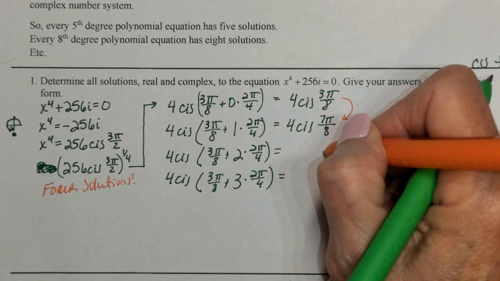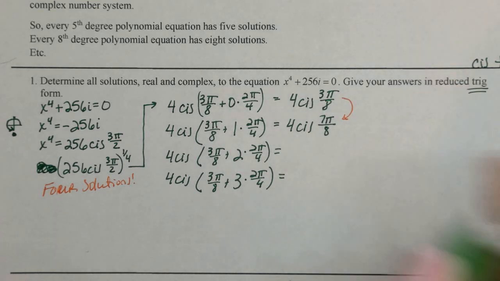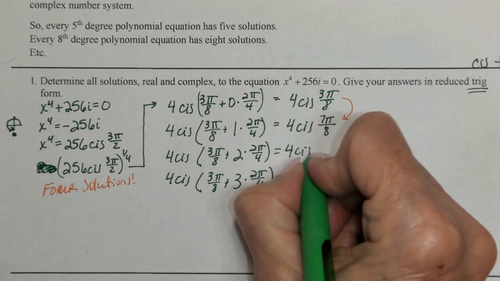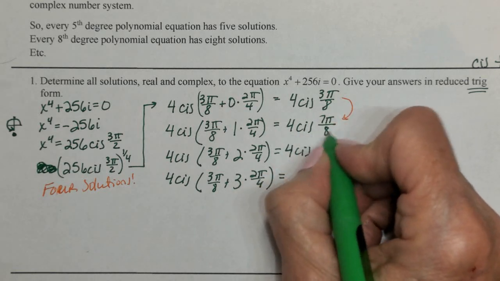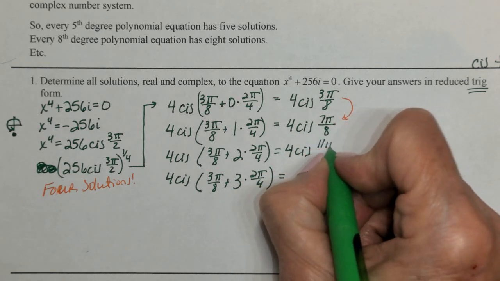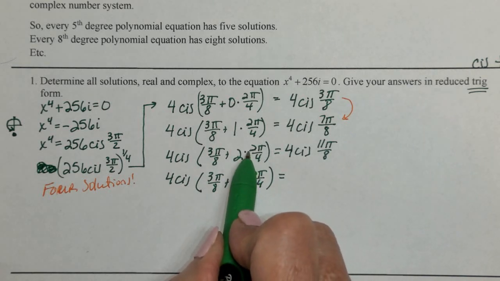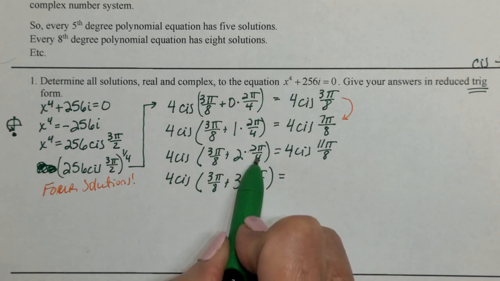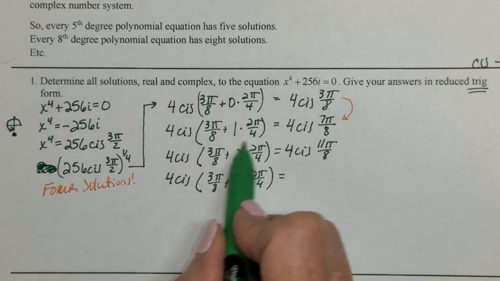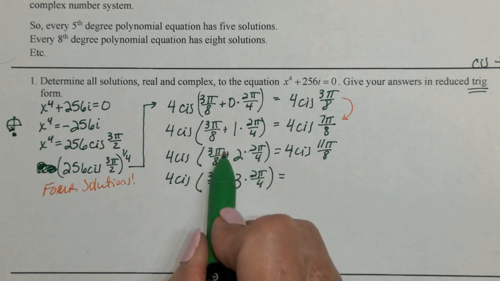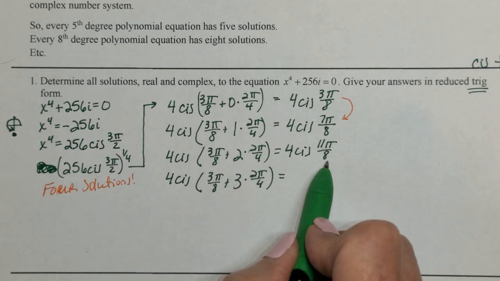So if I add 4 pi over 8 to this, I should get 11 pi over 8. Let's see if we do. 2 times 2 is 4, but to get a common denominator, I need to multiply by another 2. So that will be 8. 8 pi plus 3 pi is indeed 11 pi over 8.